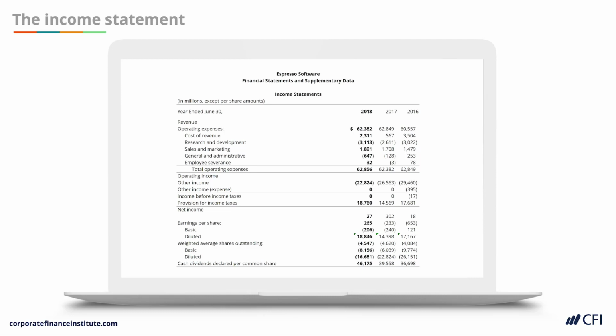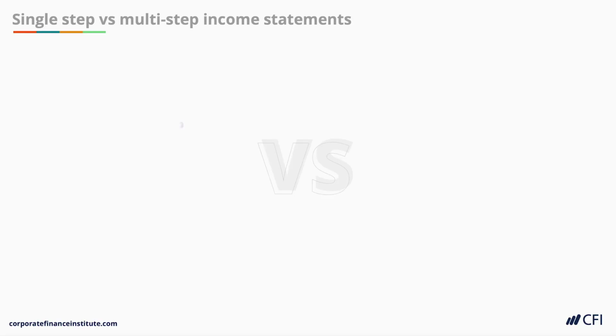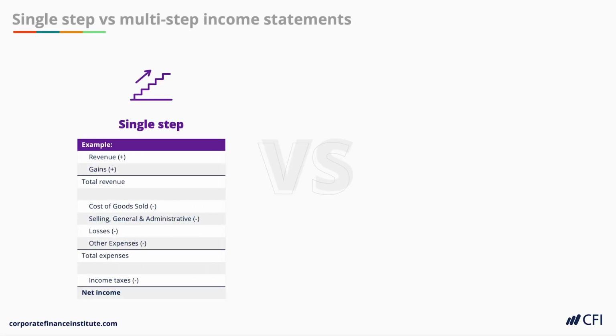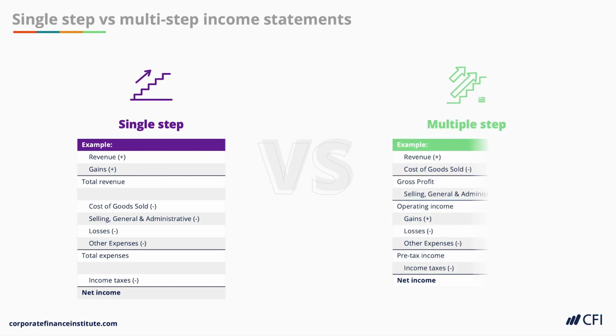The income statement can be presented using either a single-step or a multiple-step methodology. The single-step income statement groups income items in one section and expense items in another section. Profitability is not shown until the very end, where net income is displayed. The multiple-step income statement separates out income and expense items into components to allow for profitability to be displayed at different stages.